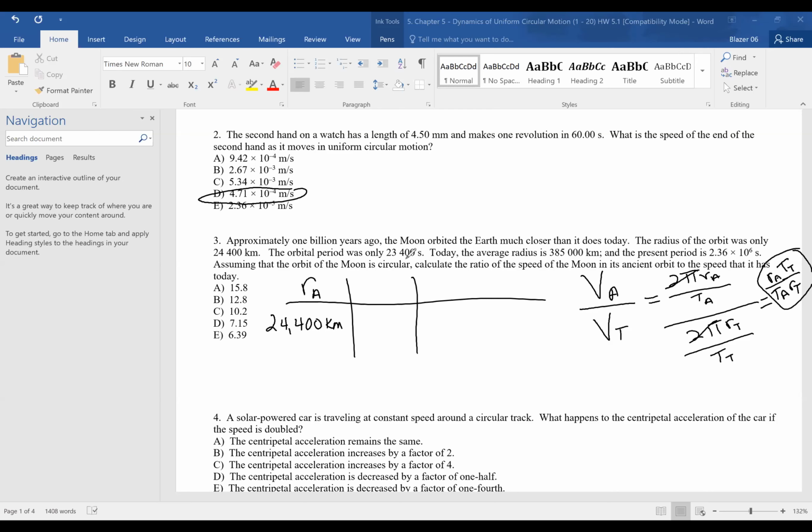The orbital period, the period ancient, was 2,3,4,0,0 seconds. Today, the average radius, so today the radius is 3,850,0 kilometers. And the present period, this is not the right subscript. Hold on one second.